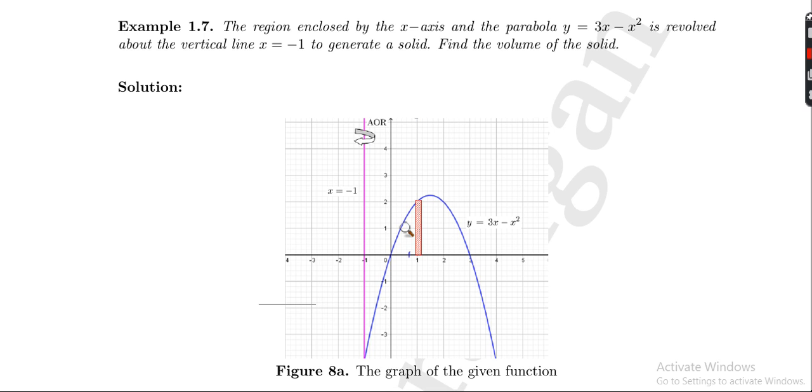The first possible solution is the one that I am presenting to you, which is the cylindrical shell method, and the other will be the ring method, because we can place the rectangular strip horizontally so that it is perpendicular to the axis of revolution, and that rectangular strip is not attached to the axis of revolution.